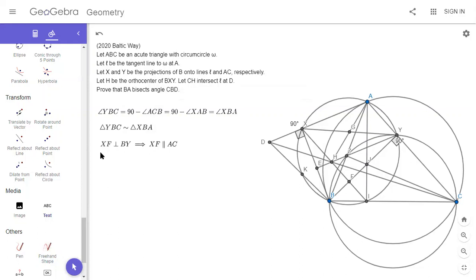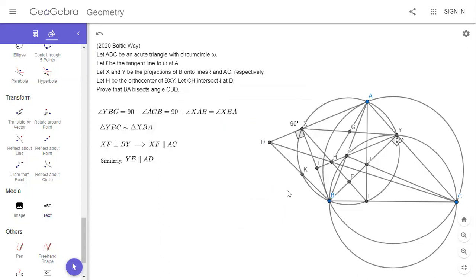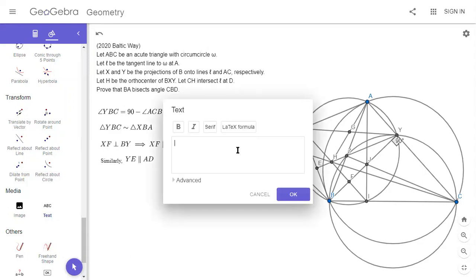Similarly, YE is parallel to AD. And so that means that DX over XA is equal to DH over HC, which is equal to AY over YC.